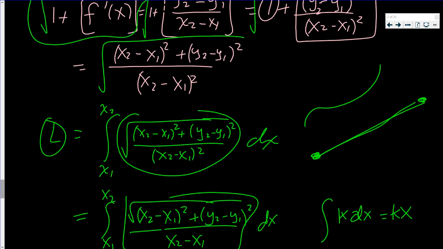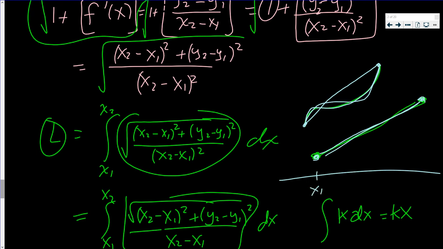If we wanted to talk about the distance between those 2 points, we would talk about that, and we would not talk about the length of the curve. They're different. But when you have a straight line, the length of the curve between x1 and x2 is the distance between those 2 points.